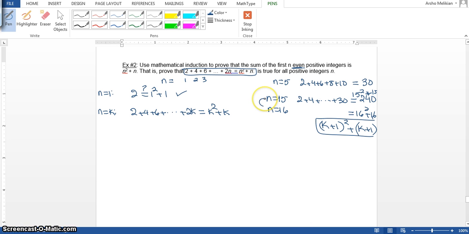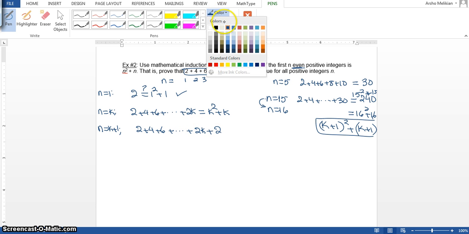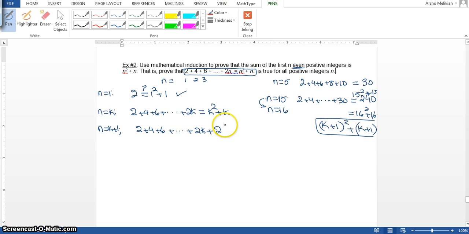Now I'm going to do the very next one, the k plus 1 case. Okay? And that eliminates the possibility that you just got lucky by choosing n equals k. So n equals k plus 1. Don't you love this stuff? So this is 2 plus 4 plus 6 plus 2k plus, now we're going to add the next term, 2 times (k plus 1).